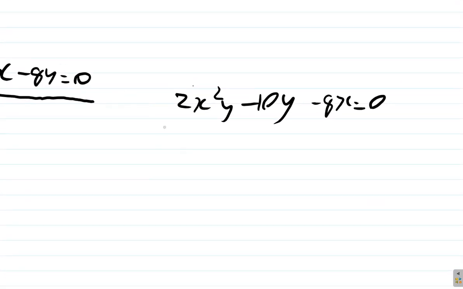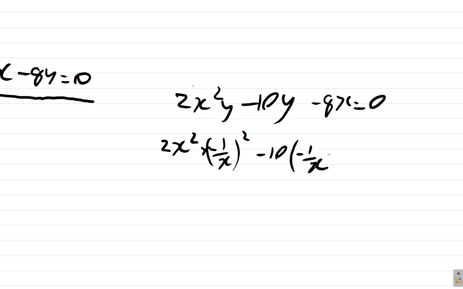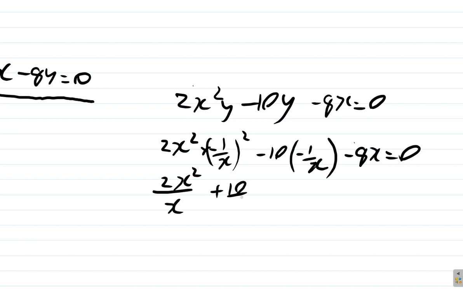So what we would do is say 2x squared times negative 1 over x squared minus 10 and negative 1 over x minus 8x equals 0. This will become 2x squared over x plus 10 over x minus 8x.